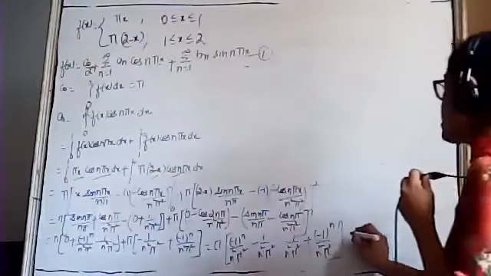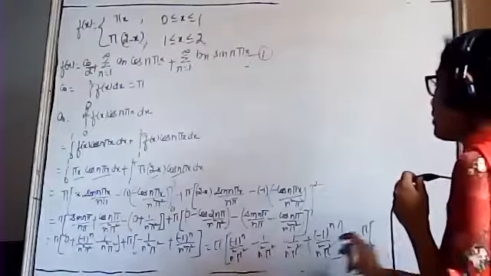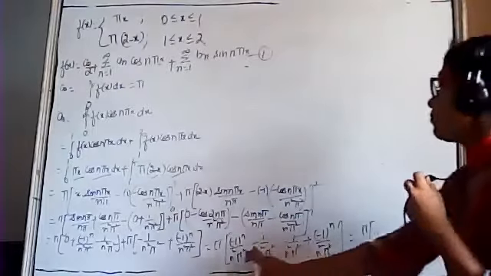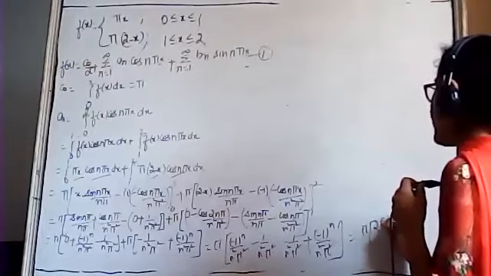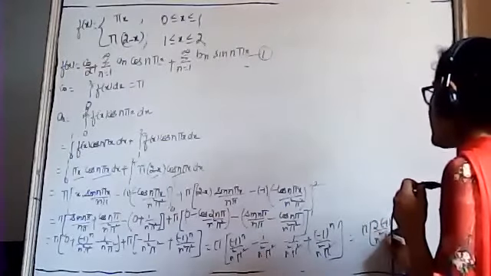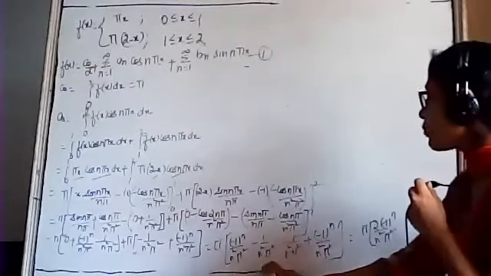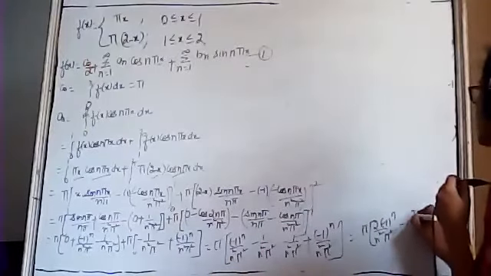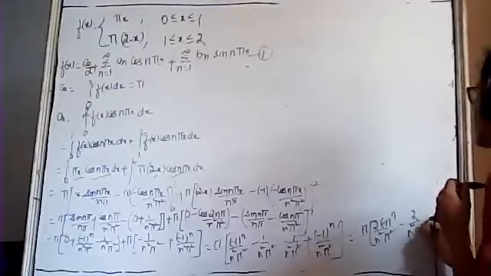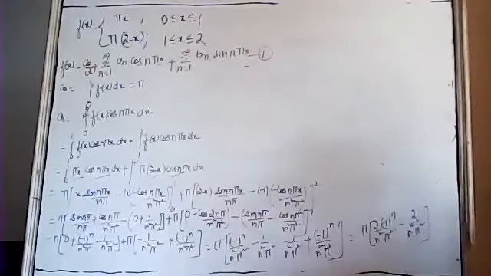Right? This is equal to pi. This term and this term will add up, so it will be 2 times minus 1 to the power n upon n square pi square. Again, minus 1 upon n square pi square, minus 1 upon n square pi square, it will be again equal to minus 2 upon n square pi square.